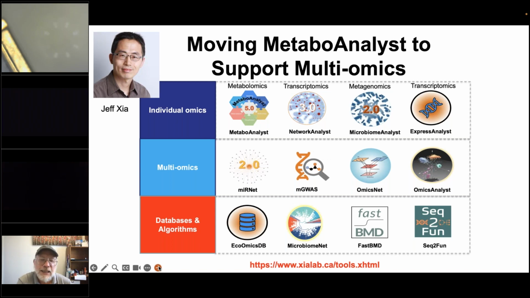He's extended Metagenassist into something called MicrobiomeAnalyst. And he's also developed other tools designed to be more multi-omics rather than siloed omics: MIRNet, MGWAS, OmicsNet, OmicsAnalyst. And then to help support these, he's also created a number of databases.